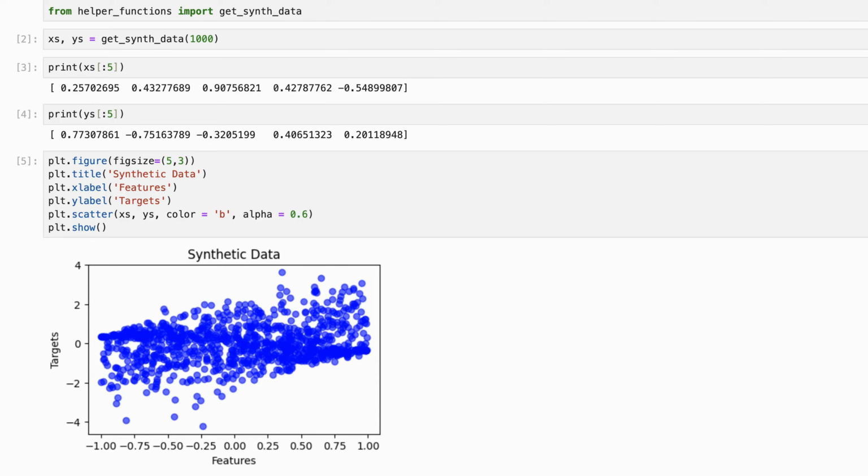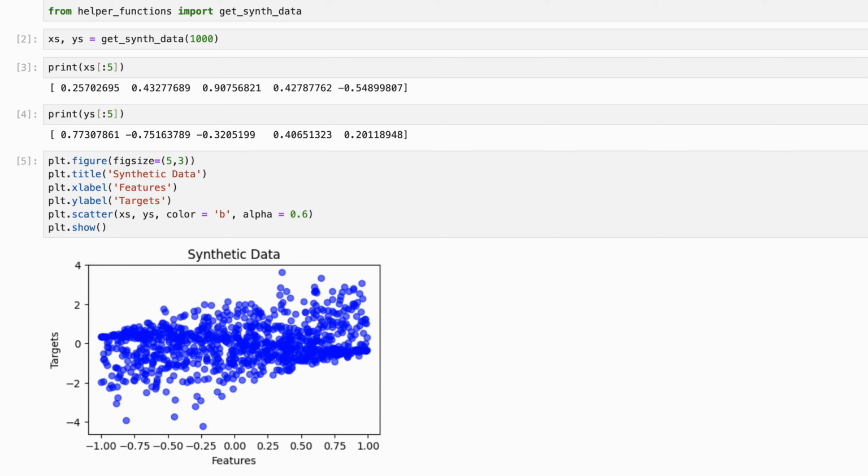Let's start with the first question, what does this prediction number actually represent? To answer this question, we will work with a synthetic dataset. In the first cell, we import the getSynthData function from the helper function.py file. If you are curious about how the dataset is generated, you can check that file, it's also uploaded to GitHub.